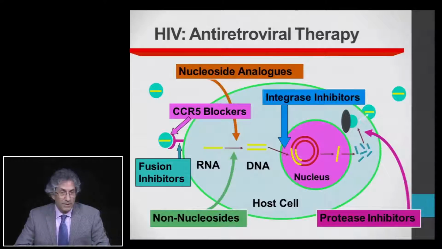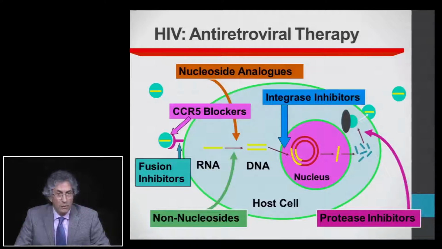Turning to the drugs themselves, there are currently 6 types of antiretroviral therapy using 6 different mechanisms. We won't talk about them all today. Today we will talk about nucleoside analog reverse transcriptase inhibitors, shown in the orange box on the top. This was the first category of antiretroviral therapy.